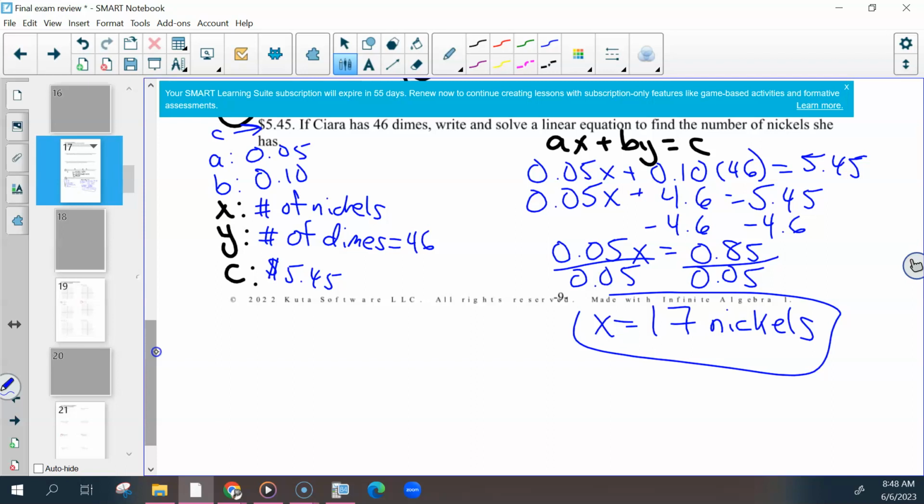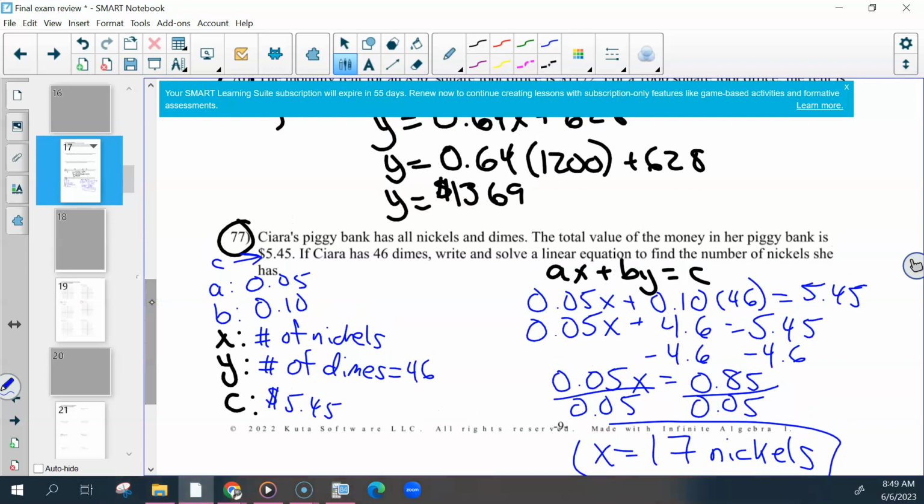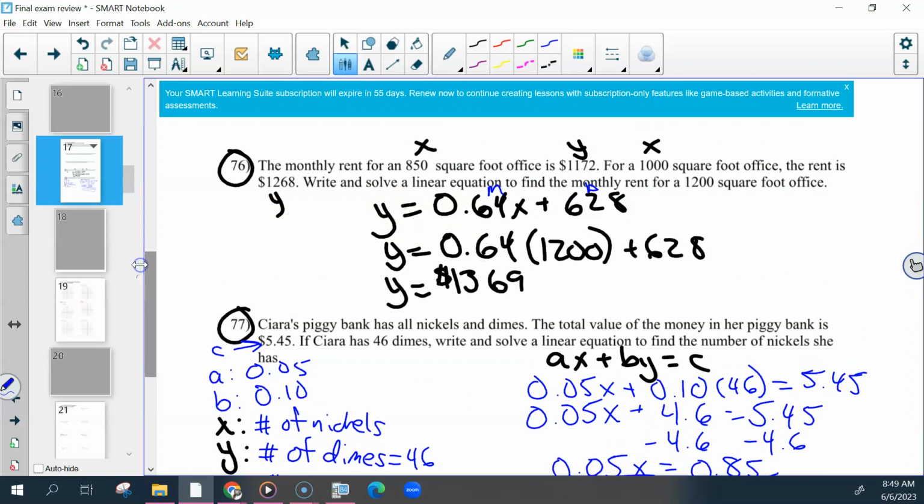You can go back and do 76 algebraically, and then we'll move on. So we did that mostly in the calculator, but if we wanted to do it algebraically, we'd still have to know that these are x's and y's. Because we have an x and a y and we're looking for m and b, we would have to find the slope. So do your y2 minus y1 over x2 minus x1.